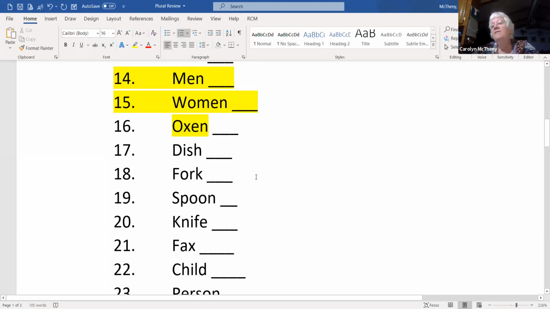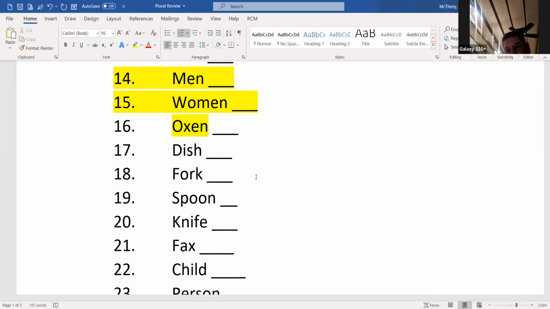The plural of ox is oxen, not oxes, even though it ends with an X. So this is an irregular plural word. Very difficult.